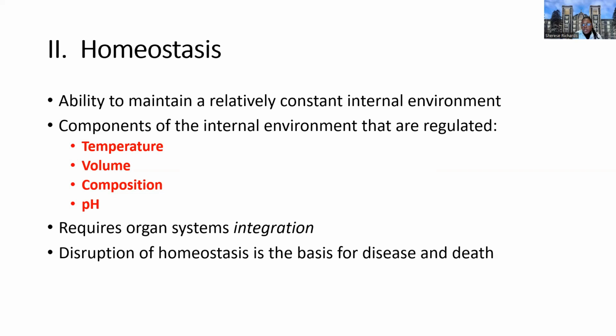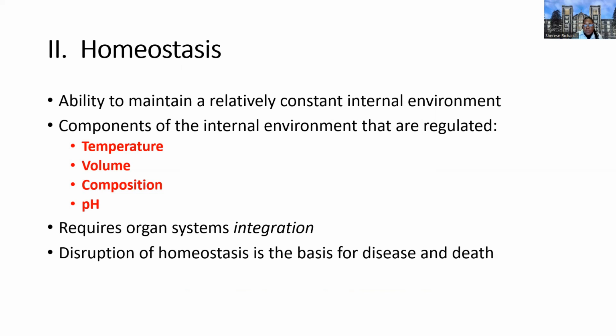So the volumes that we just discussed earlier in terms of how your water compartments are divided, that is relatively constant. So how do we keep those proportions constant? The composition of your body, the amount of fat and protein that is distributed in different areas of your body, that is also kept relatively constant. And then your blood pH, right? How do we keep these variables not exactly constant, but relatively constant in the face of external changes?